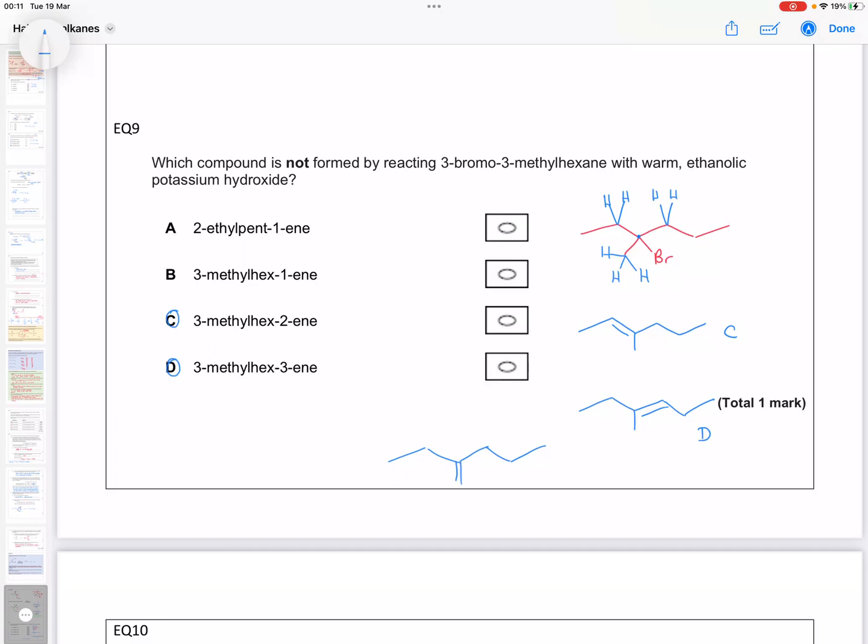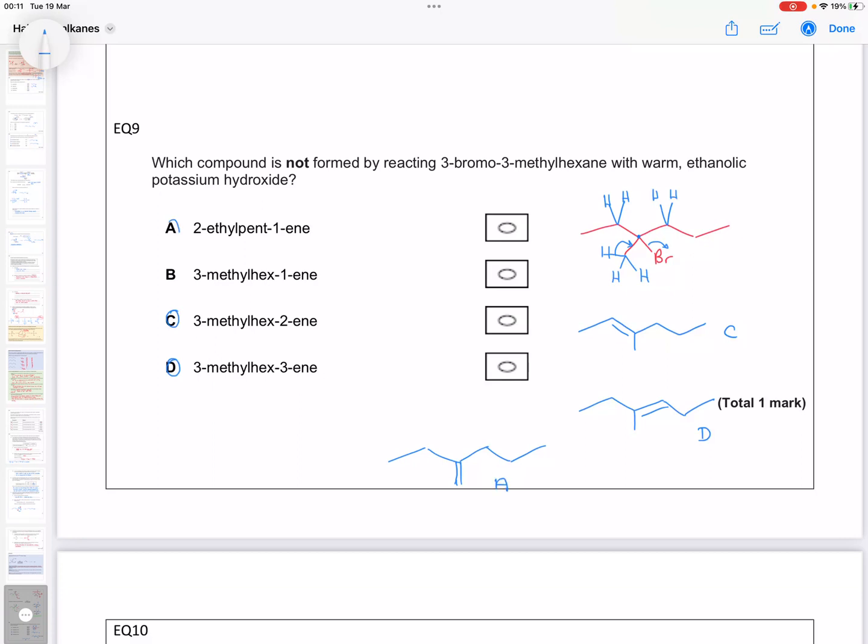So that's going to go into here like that and off there like that. So that's going to make this one. So let's think about it. This is 1, 2, 3, 4, 5. So that's pent-1-ene with an ethyl group. So this one is A.